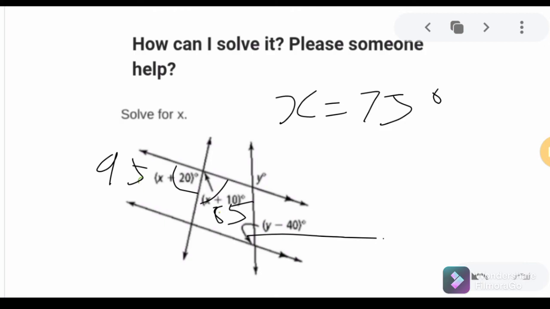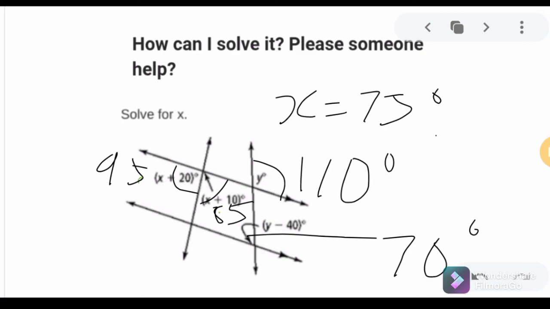This is actually 110 minus 40, which gives us 70 degrees. This angle here is a 70-degree angle, and this angle here is 110, since it's just plain y. So let's write here that our y equals 110 degrees.